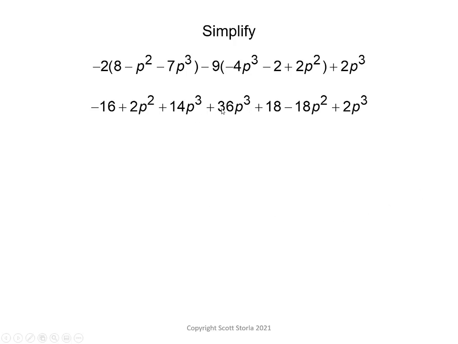When I start with the third degree terms, this would be 52p cubes, and then this is going to be negative 16p squareds, and then plus 2.